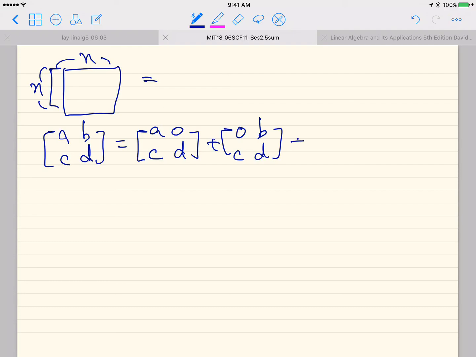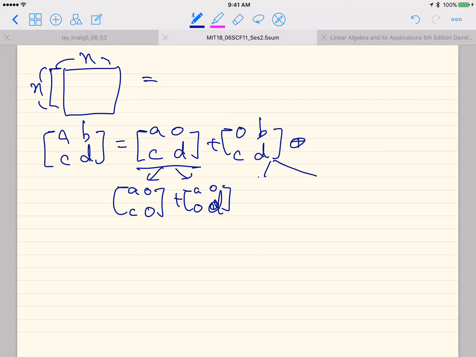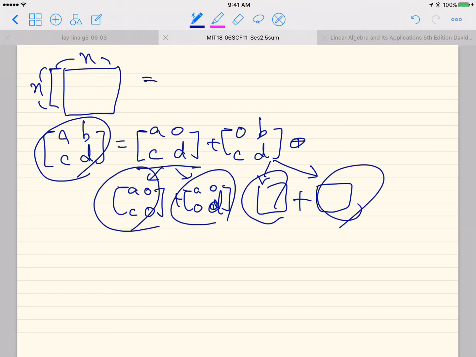Then this will become A0 C0 plus A0 0D, and likewise this one will be decomposed into 2, so it became 4 different elements. Altogether, the determinant is the sum of the determinants of these 4, from the initial property that we had.